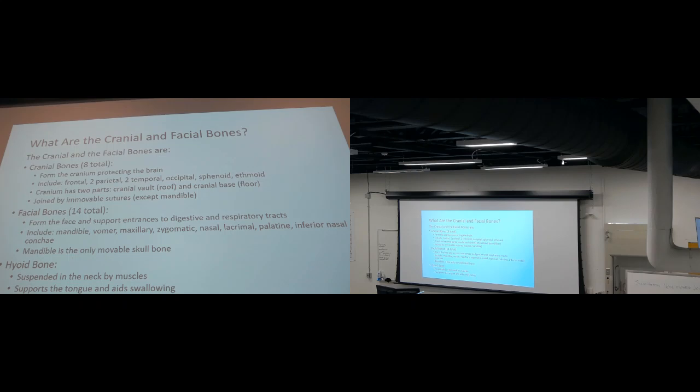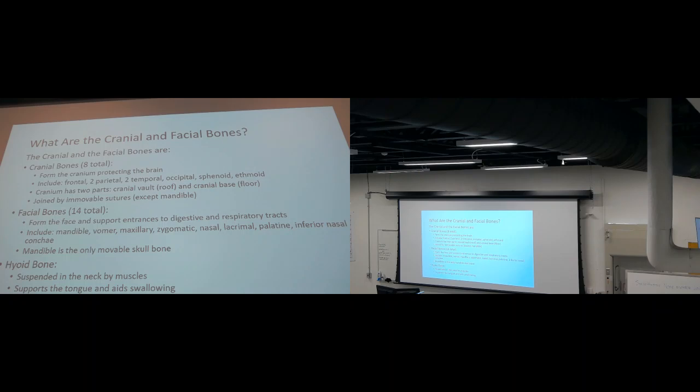So we form, for instance, the nasal cavity and the oral cavity with these bones. And then what are the facial bones? Well, we have the mandible, which is the jawbone that we colloquially know as the jaw. Vomer, which is in the nasal cavity inferiorly, just above the maxilla, which will be this bone in here. And then we have the cheekbones that we call zygomatic.